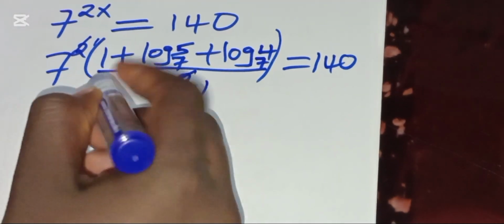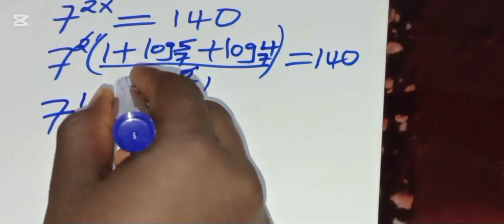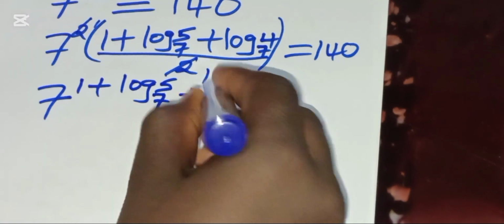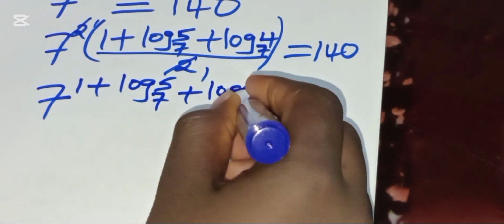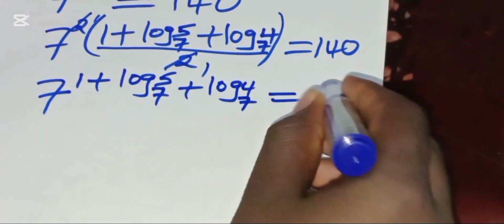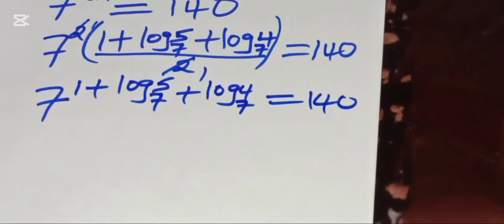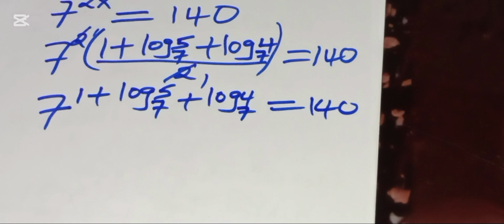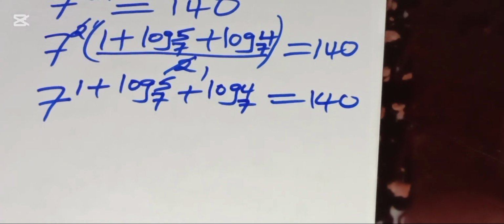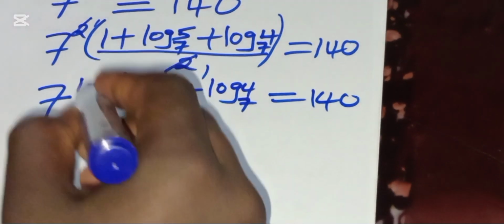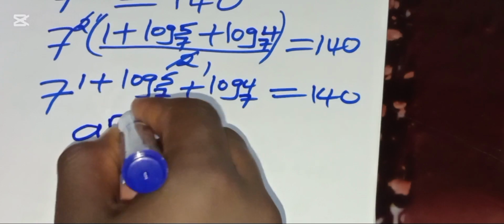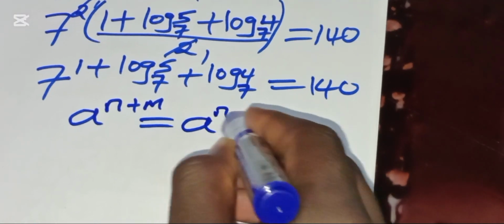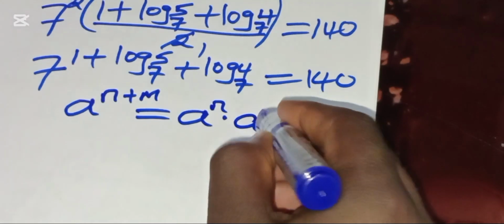So this is 7 raised to the power 1 plus log 5 to base 7 plus log 4 to base 7. This is supposed to give us 140. Now 7 raised to the power 1 plus log 5 to base 7 plus log 4 to base 7, this is actually in the form of a raised to the power n plus m, which we can express as a raised to the power n multiplying by a raised to the power m.